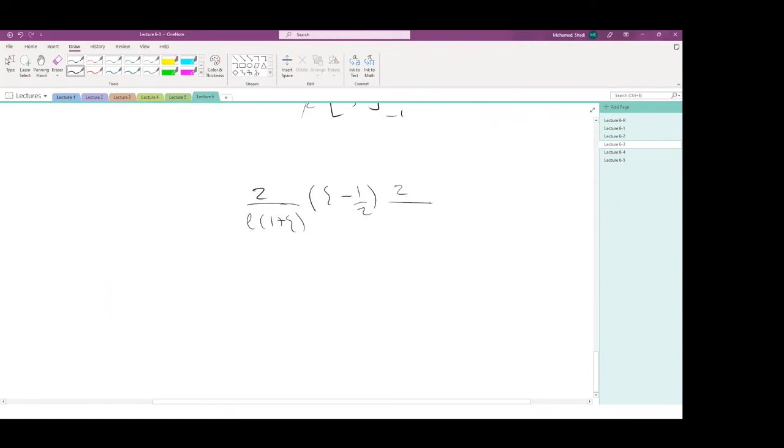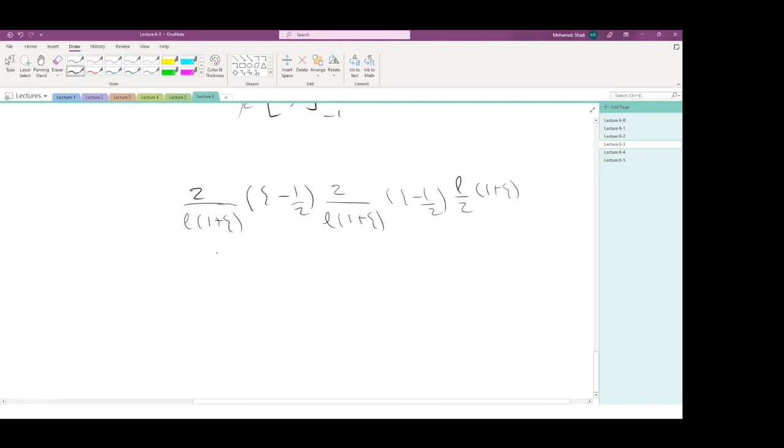So it's multiplied again with 2 over L1 plus xi multiplied by xi minus half, and this is multiplied by the determinant of the Jacobian, which is L over 2 multiplied by 1 plus xi, and this whole thing integrated over xi between -1 to +1.